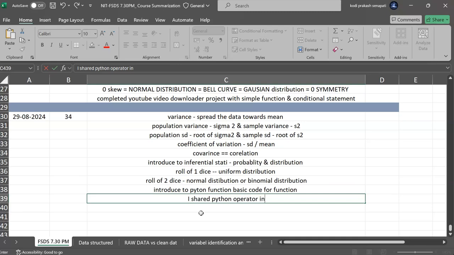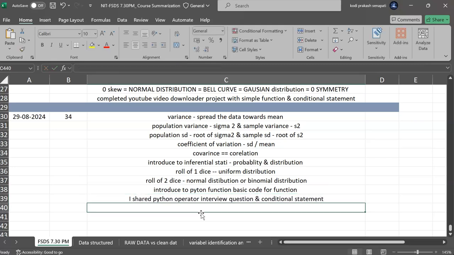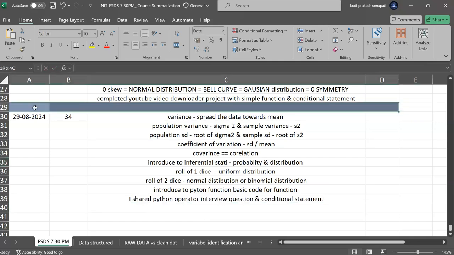And Python operator interview questions, and also conditional statements. I just explained this. All right, then I think that's it.